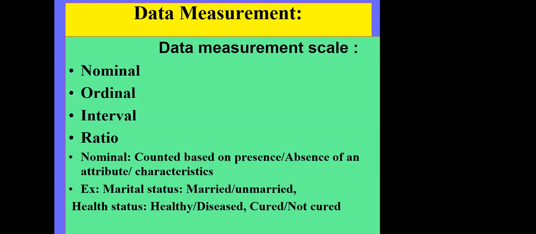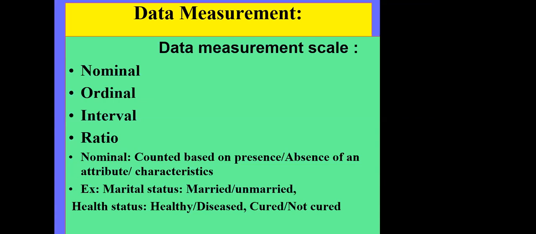They are counted based on the presence or absence of a certain characteristic in a given data set. For example, marital status. You sort their responses regarding marital status. Suppose there are 1000 persons, of which 600 are married and 400 are unmarried.